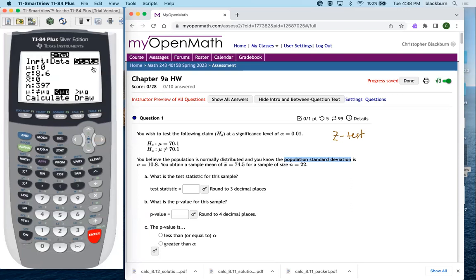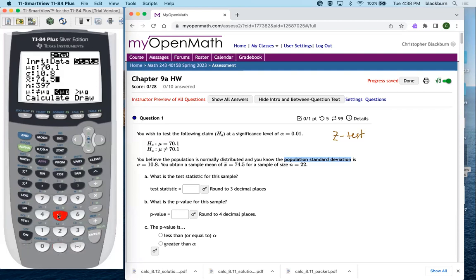So we're going to input stats. If you're given a list of data, you would choose data, but we're given the stats already. So we know the mu0 is going to be that 70.1. And then the standard deviation is going to be 10.8. And then our x-bar is going to be 74.5.